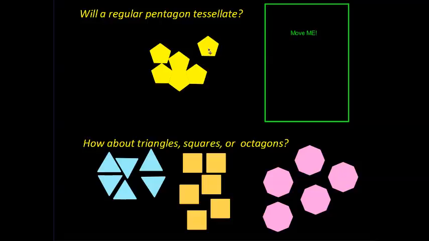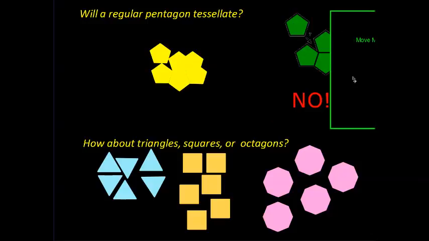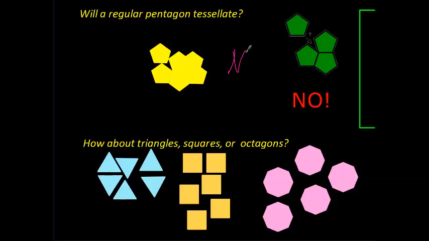This one doesn't quite reach all the way in, or if I go any further to cover it, then I'm actually overlapping. I did this before already here. So the answer is no. This does not work. For regular pentagons, a tessellation is not possible.